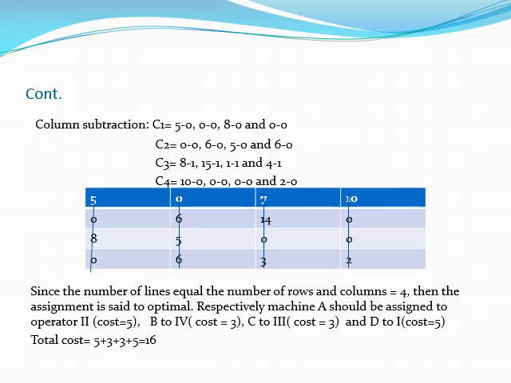Now each column and row has a minimum number of zeros. Now the next step, we are going to use lines to cover the rows or the columns which consist of zeros.